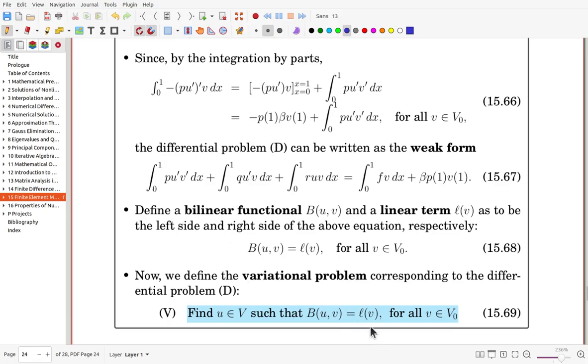In fact this test function is to get the linear system, so we can choose only test functions from the subspace V0.